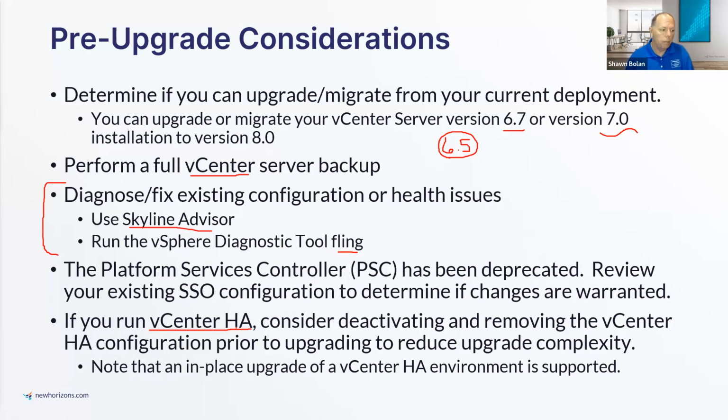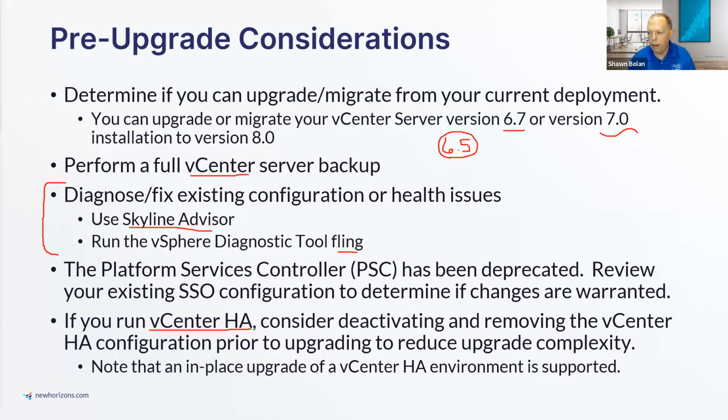It makes the upgrade process a little bit less complex. It reduces the number of steps you have to go through. Basically, you dismantle your vCenter HA, do your upgrade to vSphere 8, and then reestablish the vCenter HA setup.